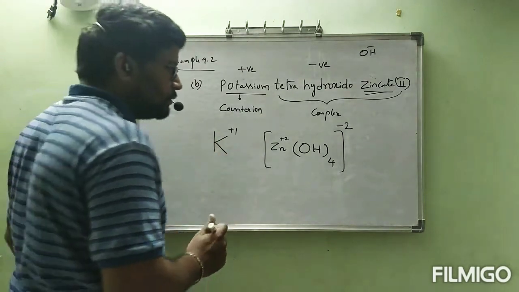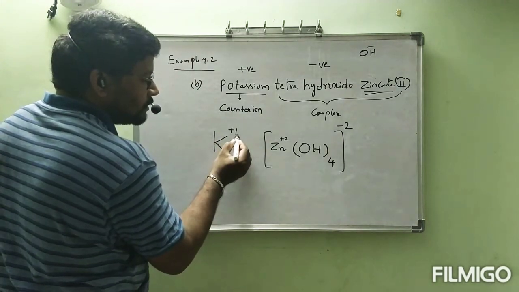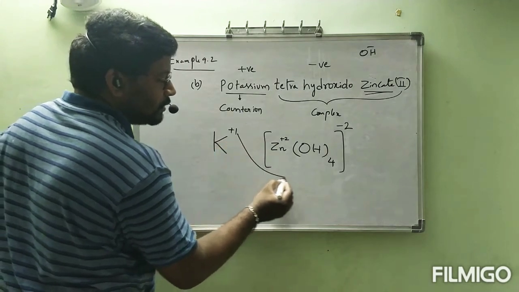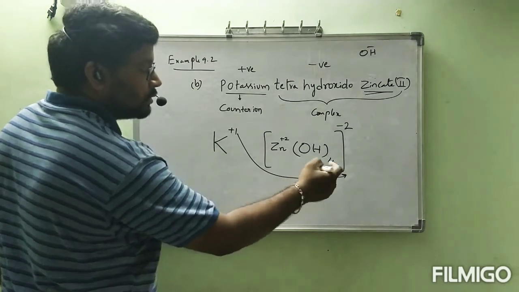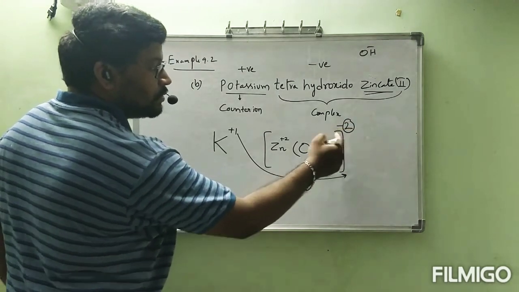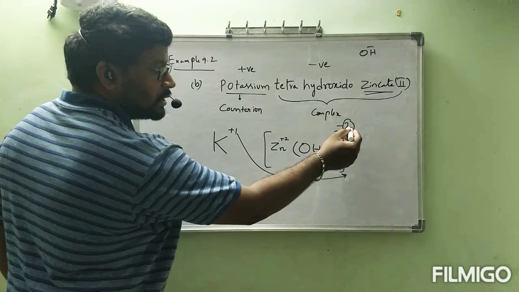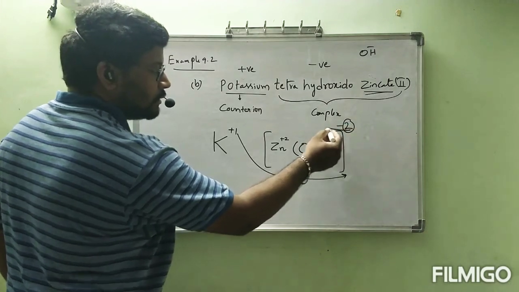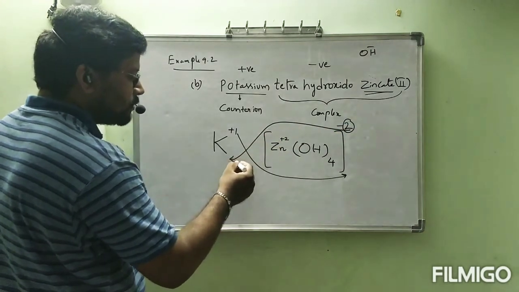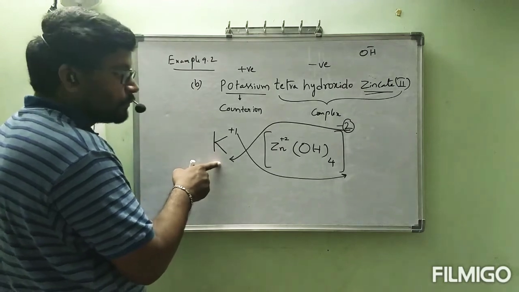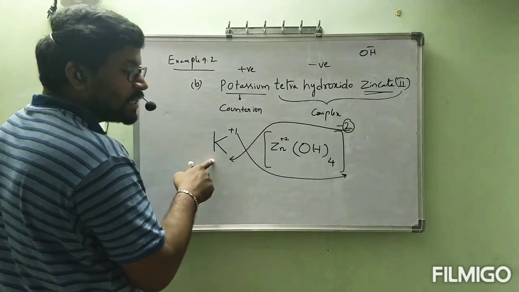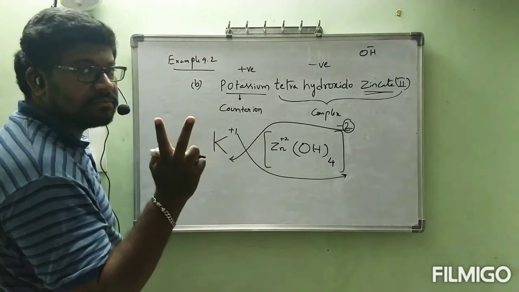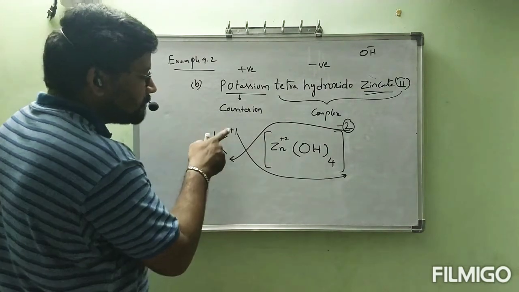Now what are we going to do? This +1, I am going to write here, outside the square bracket, down. This 2 is there, right? Don't bother about the charge, this 2 only. This 2 I am going to write at the bottom of potassium K. See, -2 we have to get. Outside, how many charges? Potassiums must be there. 2 potassium atoms must be there to get +2.